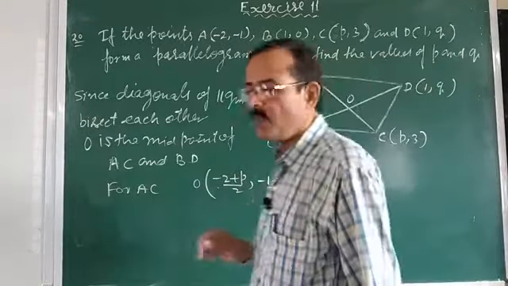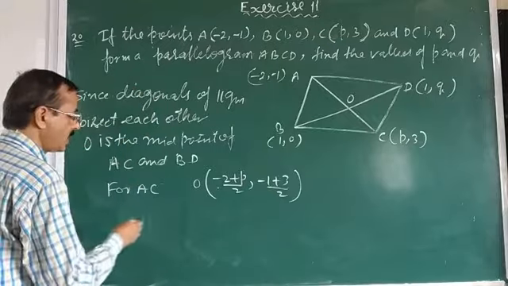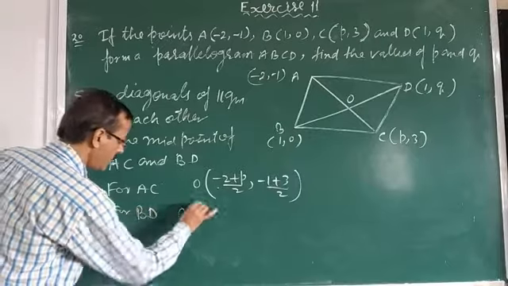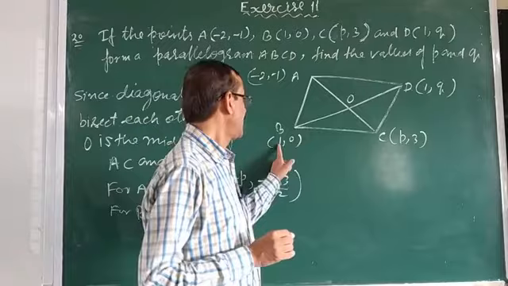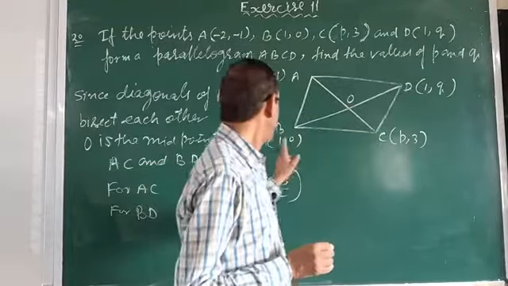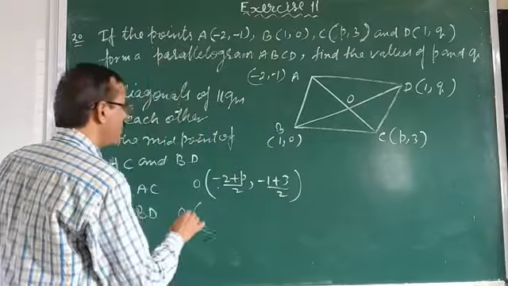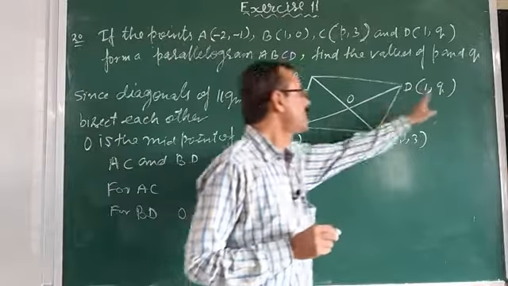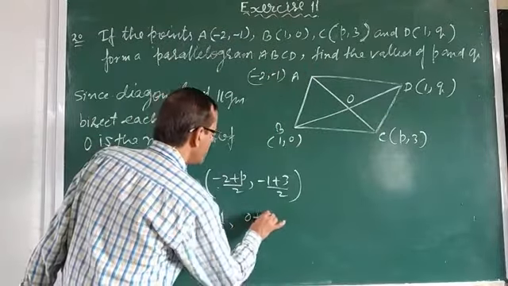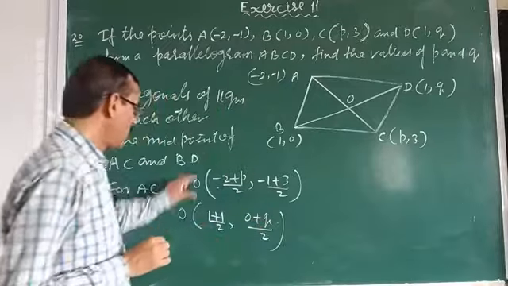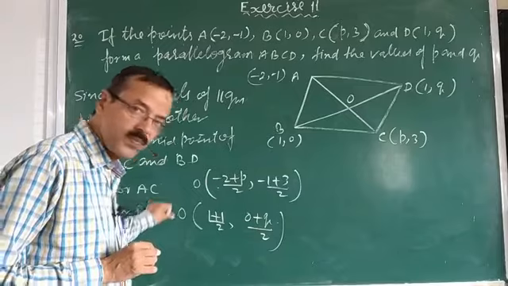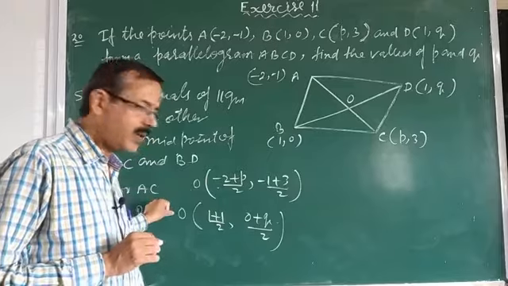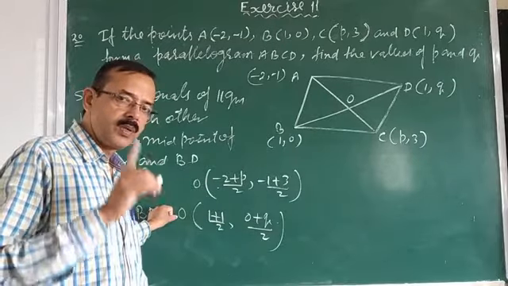Now for BD, there is no need to reduce anything. For BD, what will O be? With x1, y1, x2, y2: 1 plus 1 upon 2, 0 plus q upon 2. So both are the same midpoint, the same O. O is the midpoint of AC and O is the midpoint of BD.